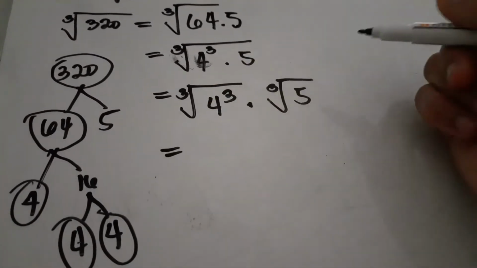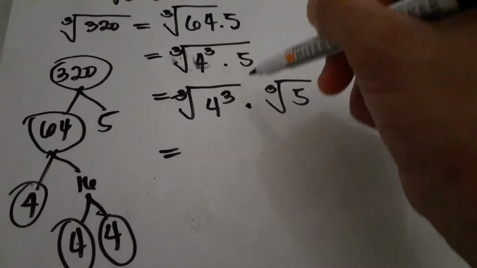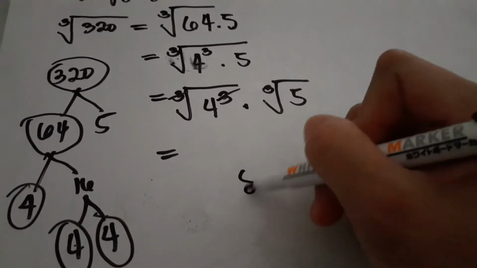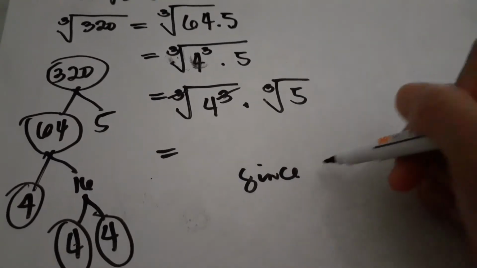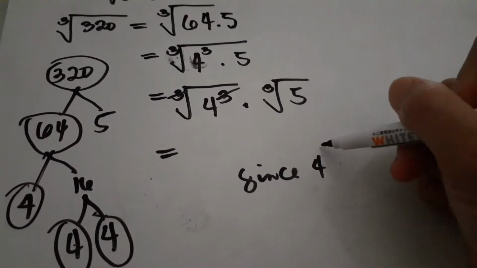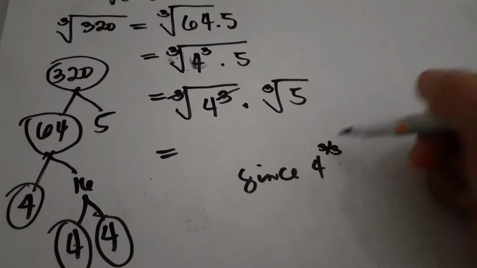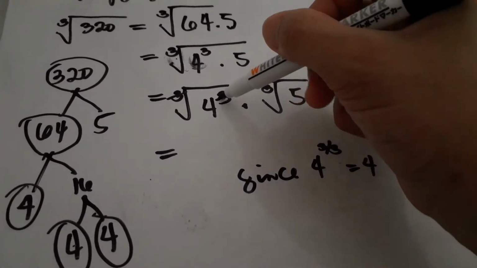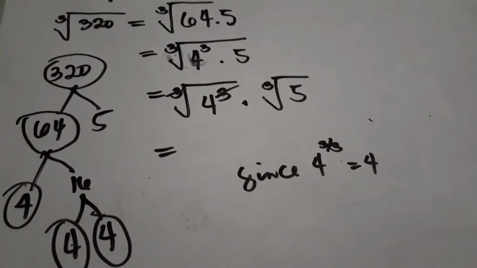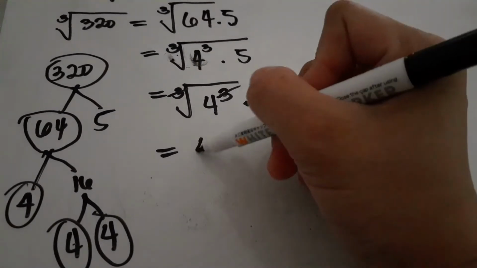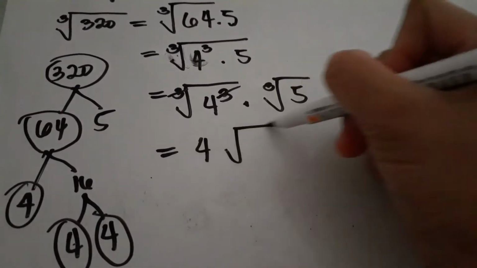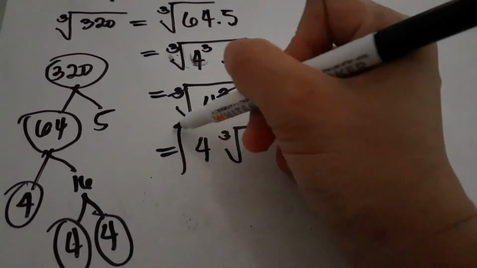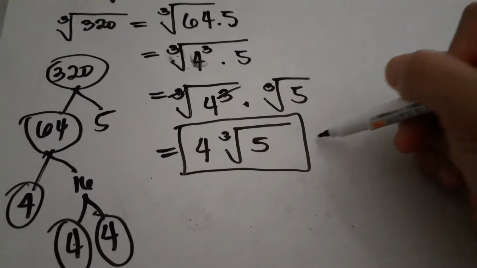Then cancel out 3, rolling out the number under the radical sign, which is 4. Since 3 over 3 cancels out, we can roll it out of the radical sign. So we have 4 times the cube root of 5. This is the answer.